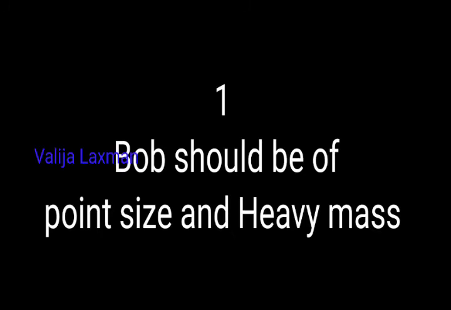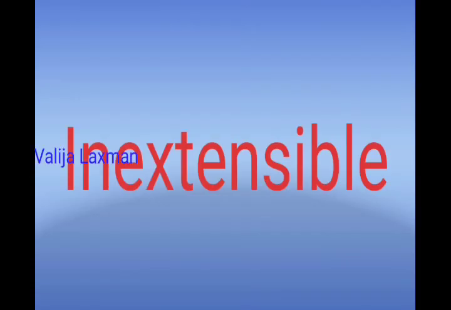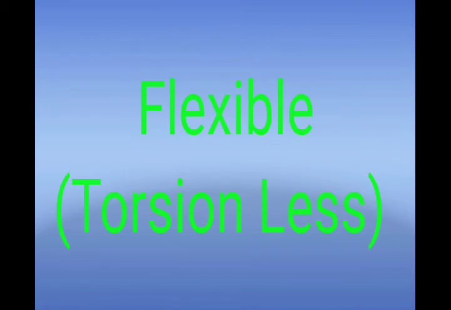And next, coming to the thread. The thread should satisfy three conditions. First condition is that the length of the thread should not increase like a rubber band. The length of the thread should be constant. That type of thread is called an inextensible thread. Moreover, the thread should be flexible. It must be in such a way that it can be twisted easily.